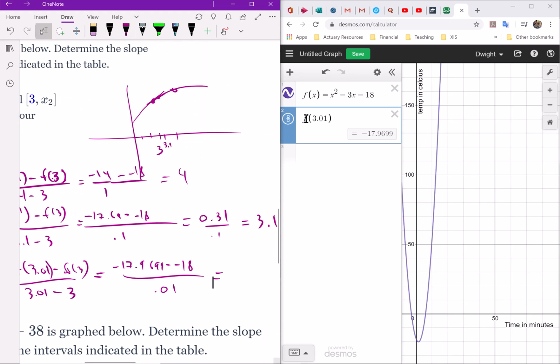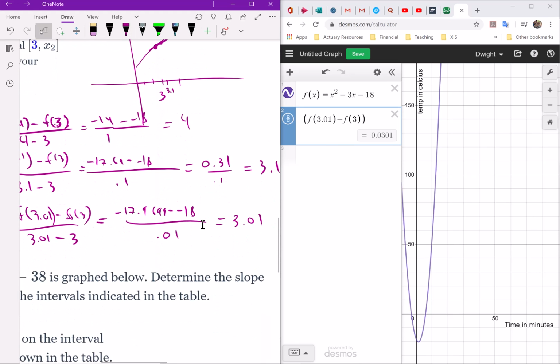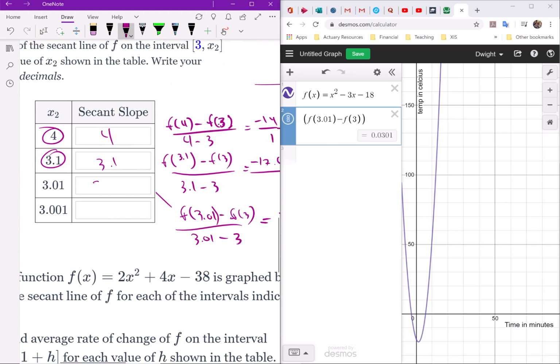And then if we divide that whole thing, we end up with 3.01. And so maybe you can notice a pattern here.